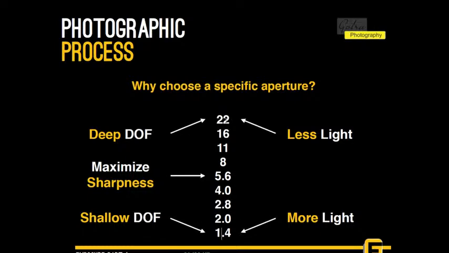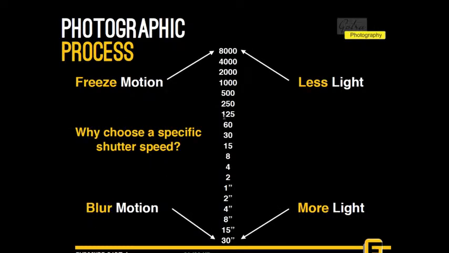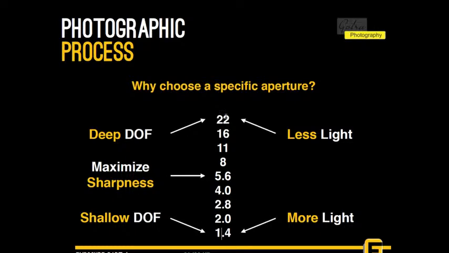If you go lesser and lesser, it will become darker and darker. But it will give you shallow depth of field, and this will give you a sharper result.